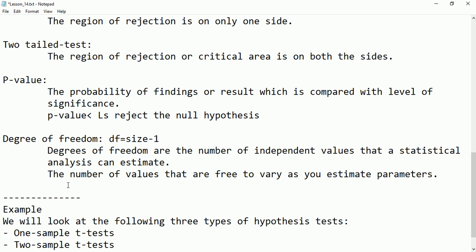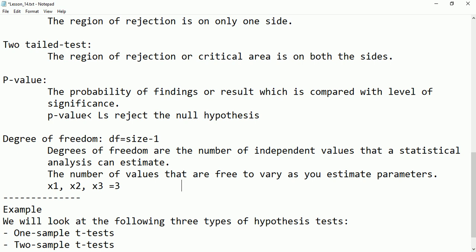Let me give you an example, then you will understand better. For example, if we have x1, then we have a second variable x2, then we have x3, and the mean for them is equal to 3. The average for these three variables is equal to 3. Now here we can understand that x1 can take any number.